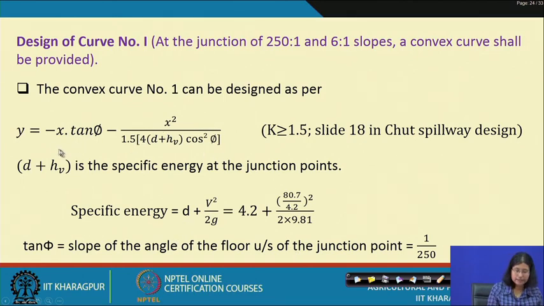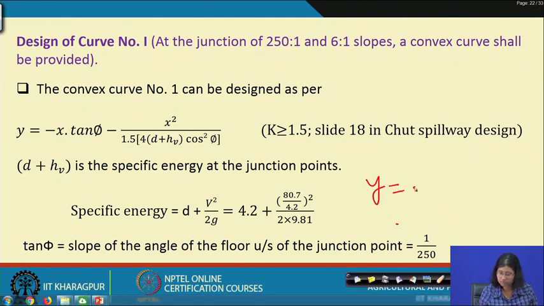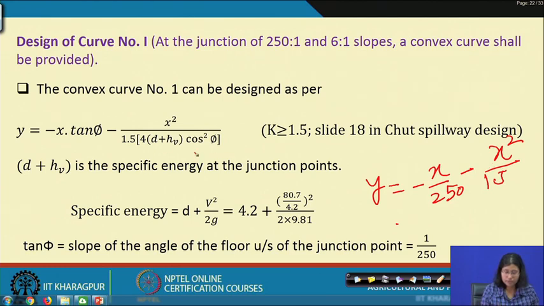So, we get here tan phi as 1 upon 250 in this case, x square, 1.5, and we assume this one also as unity.